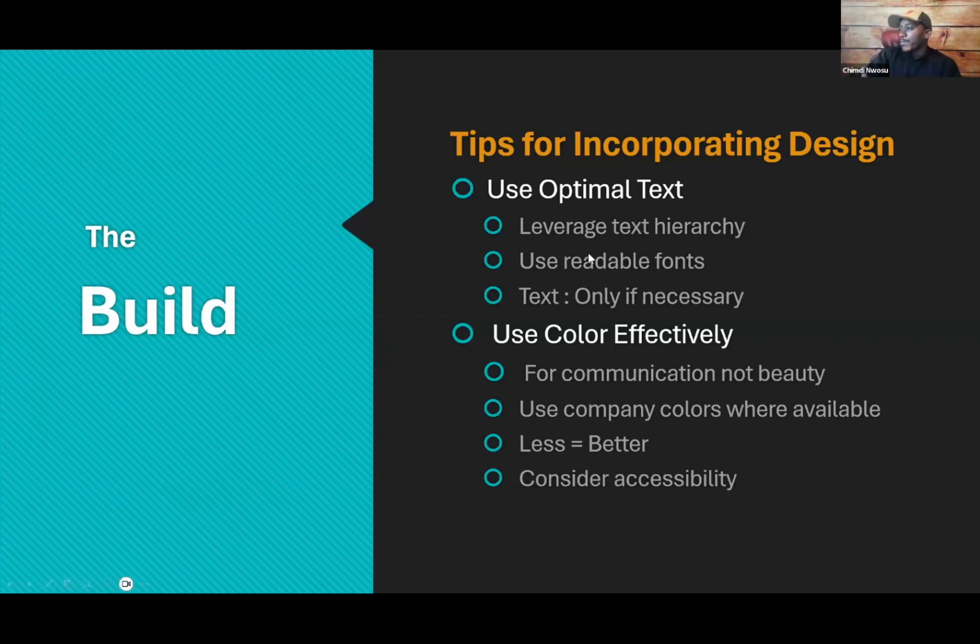We want to use readable fonts because, of course, it's all about communication and sharing. And if a person is not able to see, then unfortunately, they're not able to understand. We want to keep in mind that we want to use text only if necessary because at the core of data visualization, as we all know, is about representing things graphically because we want to leverage that human perception that takes in information quicker visually, as opposed to looking at tables and spreadsheets.